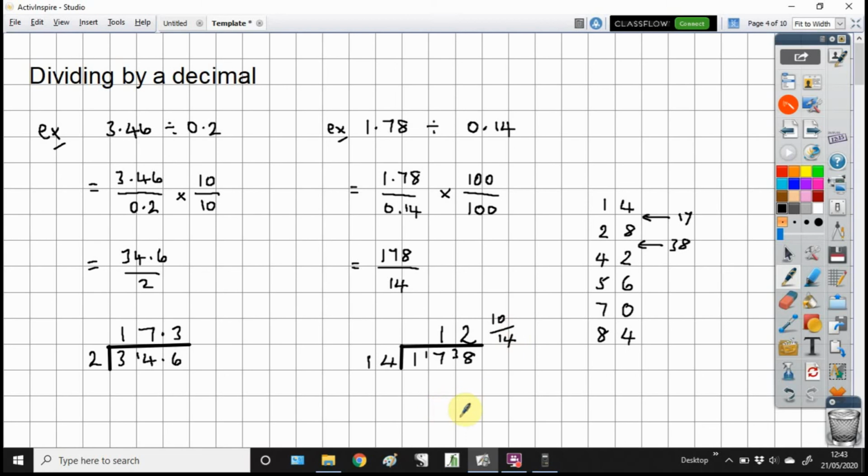So the answer to the question is 12, and we can simplify that, 12 and 5/7. That is one way of doing it. So dividing by a decimal, change the sum into an equivalent fraction, make sure the denominator is a whole number, and then use your traditional non-calculator method to finish the question off.